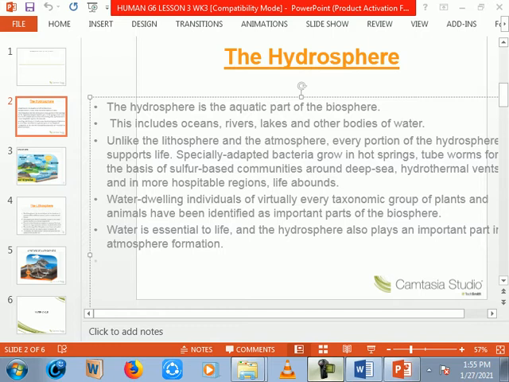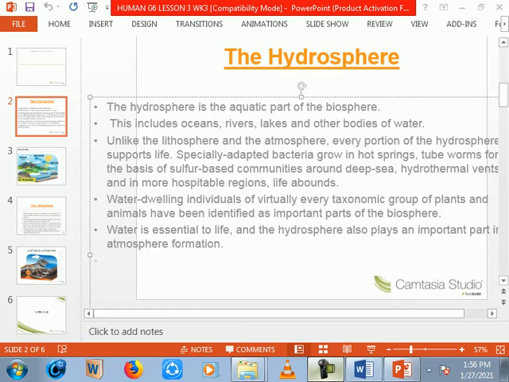And remember, in the first place we looked at the definition of environment, and we proceeded to look at the human activities that affect the environment. We also started looking at the components of the environment, of which there are four: the hydrosphere, the lithosphere, the atmosphere, and the mesosphere.